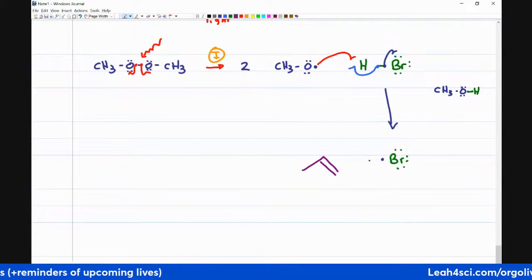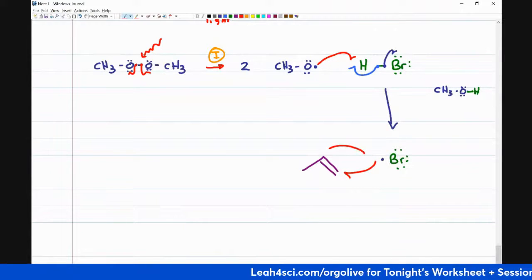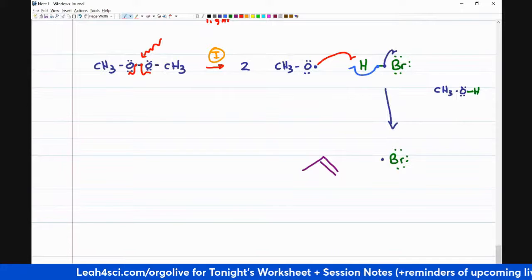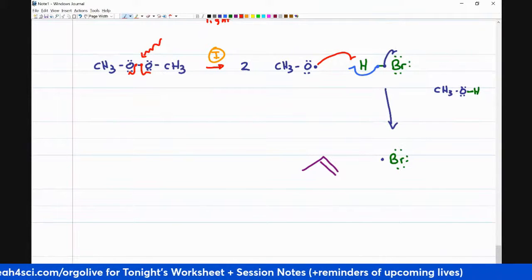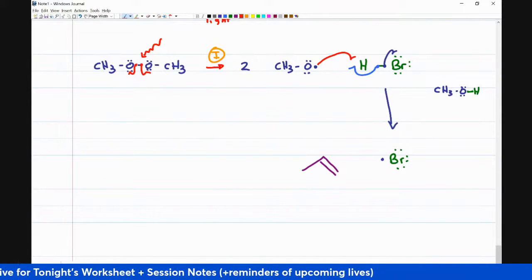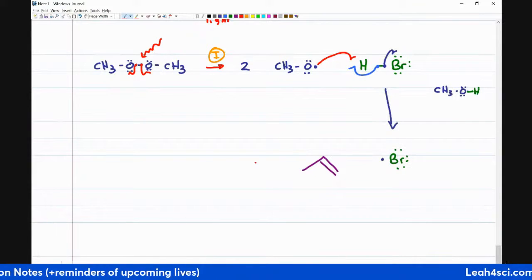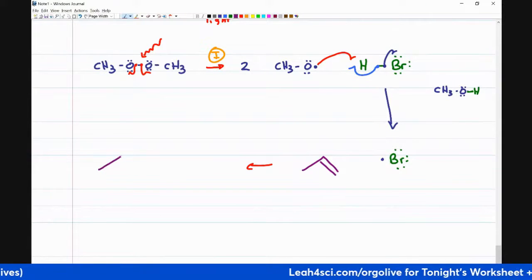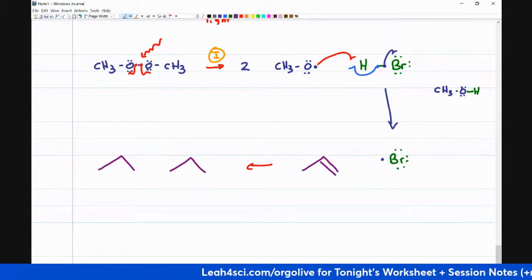It wants a pair. Now, when it attacks the pi bond, the question is, does it attack here or does it attack here? And the answer comes not from understanding where bromine attacks, but rather from understanding what else happens to the rest of the molecule. So let me show you the 2 outcomes first, then I'll show you the arrow. Option 1 and option 2.